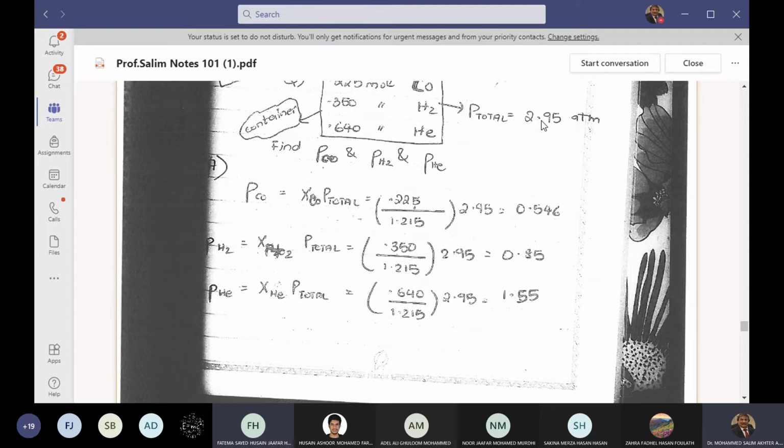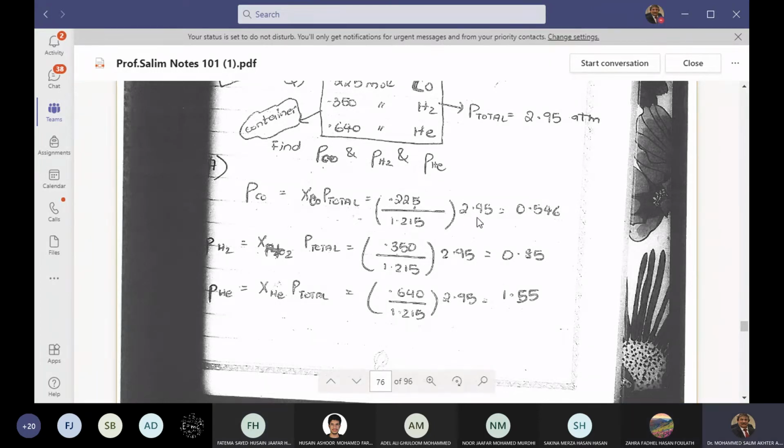Doctor, I get 2.45. Okay, no problem. Maybe because he has not taken the decimal. If you take the decimal point, maybe you will add more points here and it will be close. It is 2.45. Yes. Okay, so then this is wrong. Check each calculation, my friend.